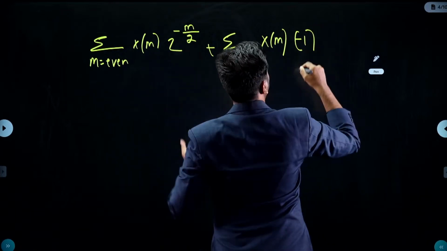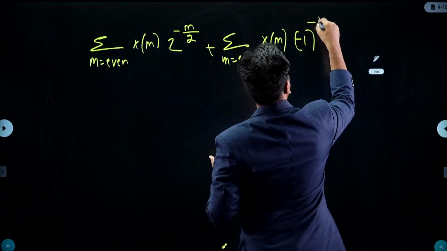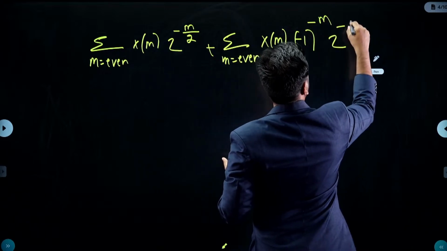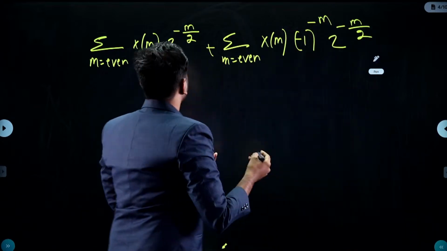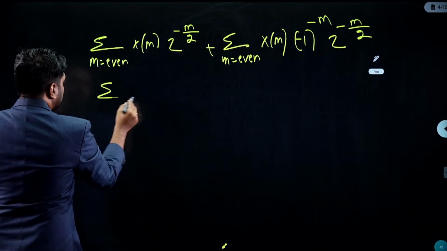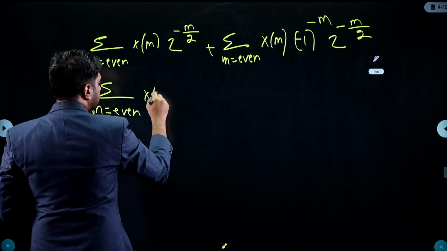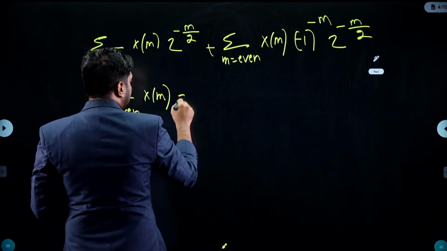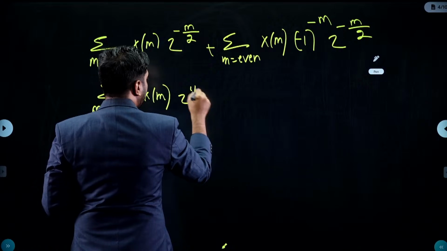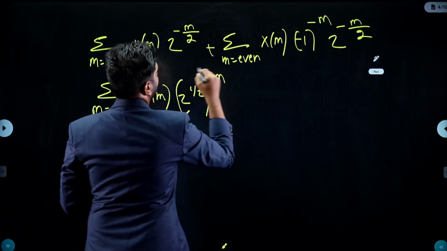I can also write minus 1 whole power m as minus 1 whole power minus m, and then z power minus m by 2. If you carefully simplify this, it is summation m is even, x of m, and you can rewrite this as z power 1 by 2 and then whole power minus m.